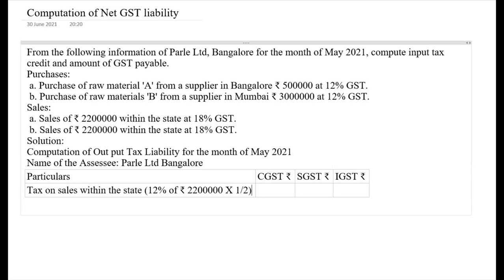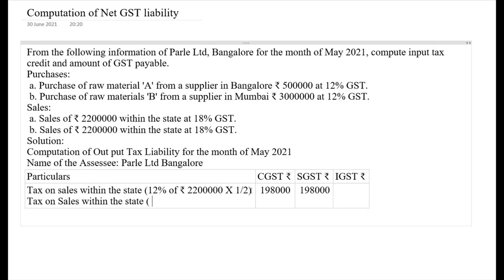So this comes to rupees 1,98,000. Here also 1,98,000. Now similarly we have got one more here, that is the same tax on sales within the state.